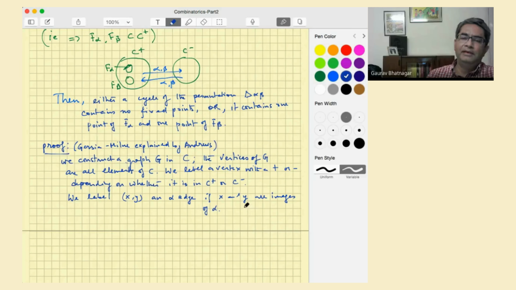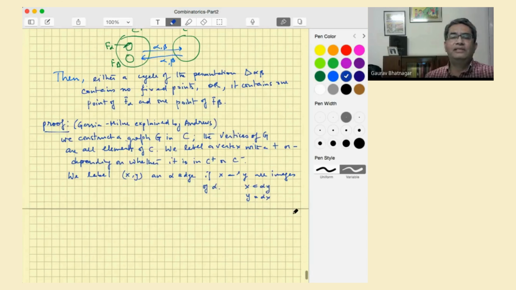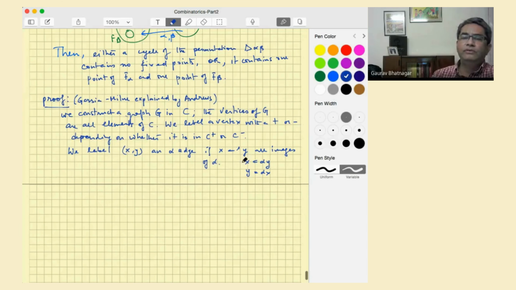So x will be equal to alpha y, and y will be equal to alpha x, because alpha is an involution, right? So they are images of alpha under each other.